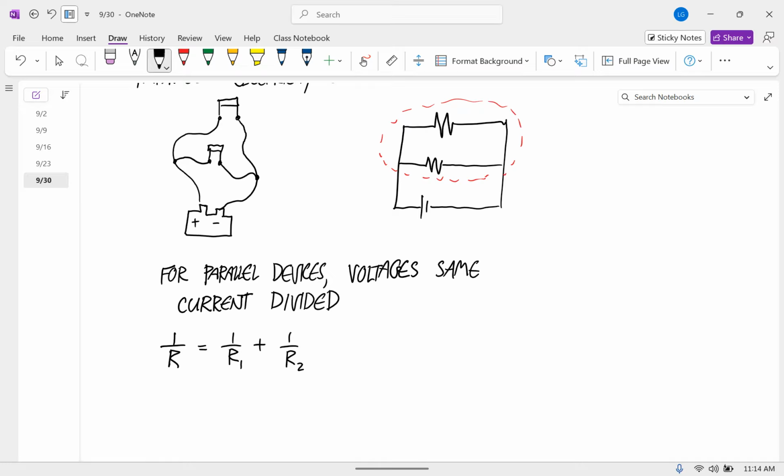That's kind of the easiest way to remember it, but mathematically to calculate it, it works out like this. The combined resistance is equal to R1 R2 over R1 plus R2. That's just getting a common denominator, doing the math, and then taking the reciprocal.